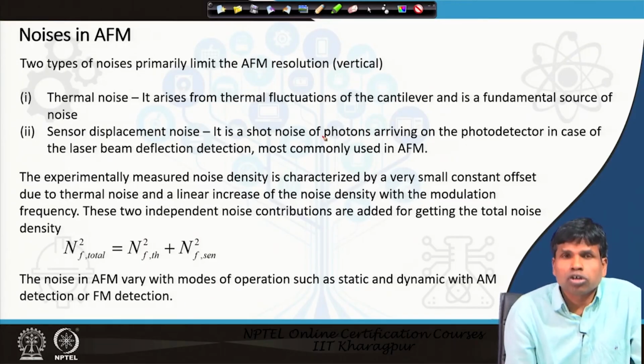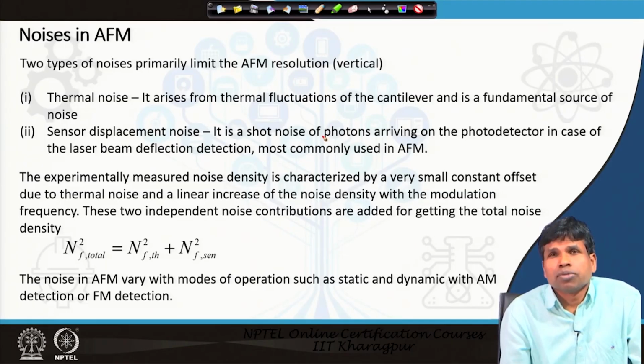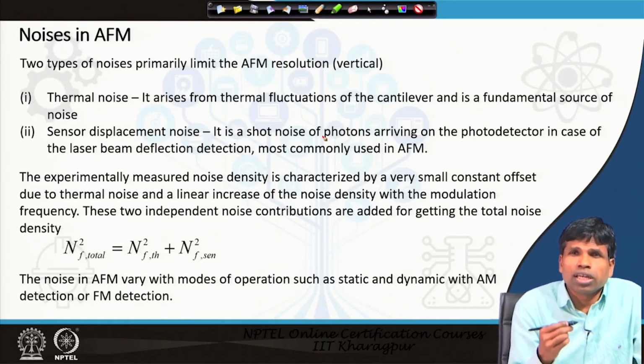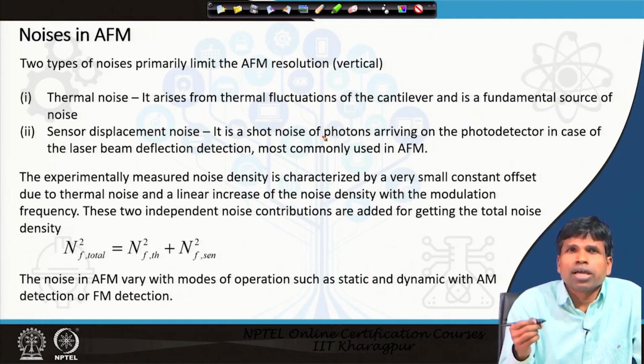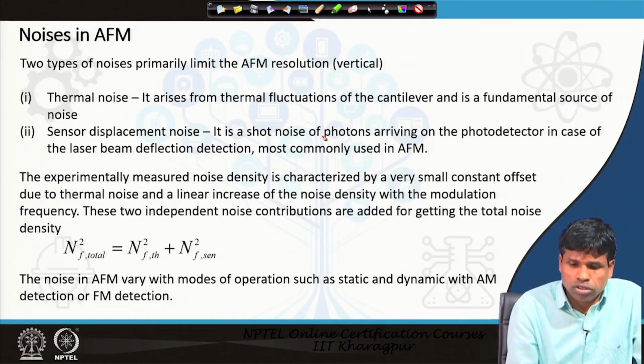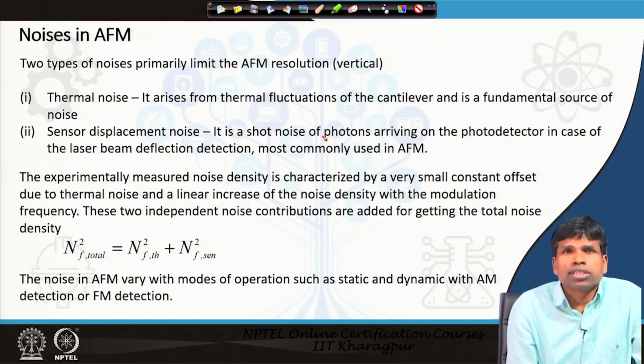It is the shot noise of photons arriving on the photodetector when the laser light is reflected from the cantilever, and that is also proportional to the frequency. The experimentally measured noise density is just the addition of the thermal noise and the linear increase of the noise density with the modulation frequency.